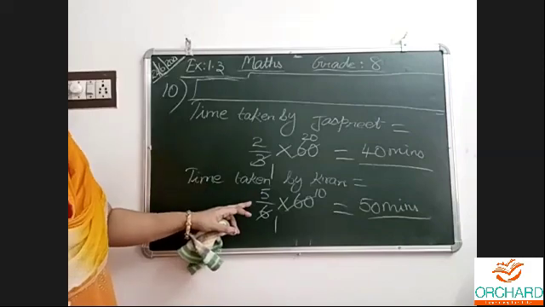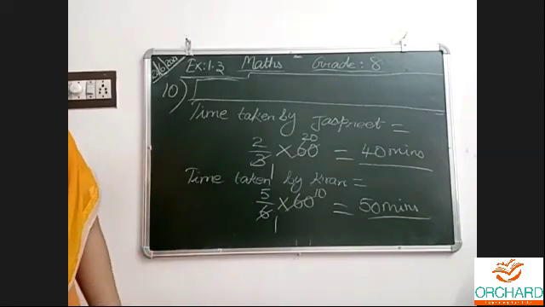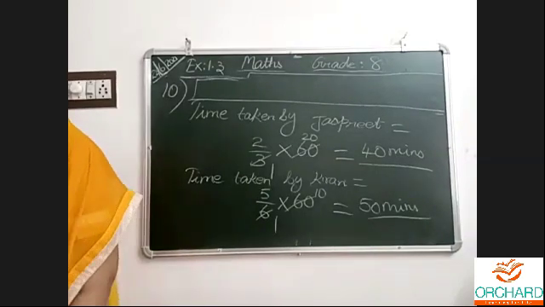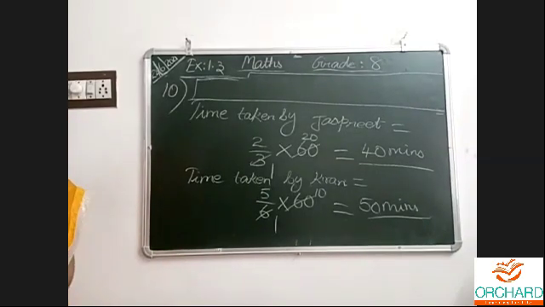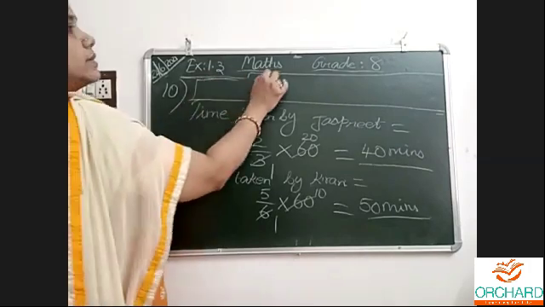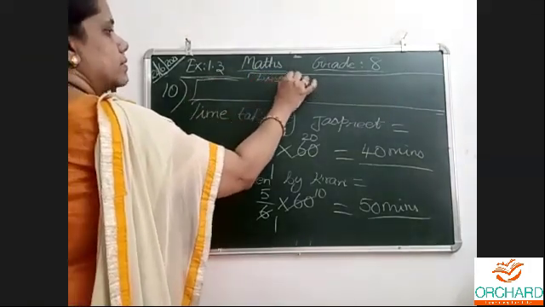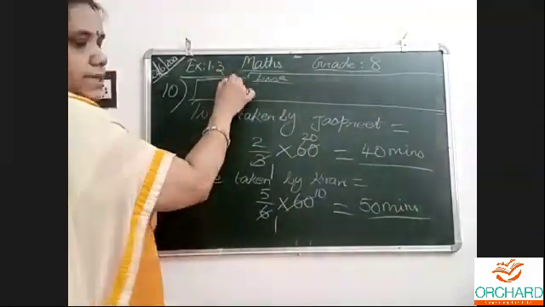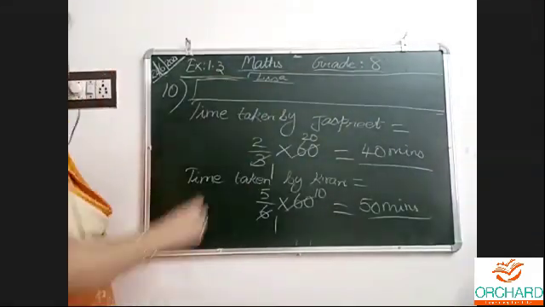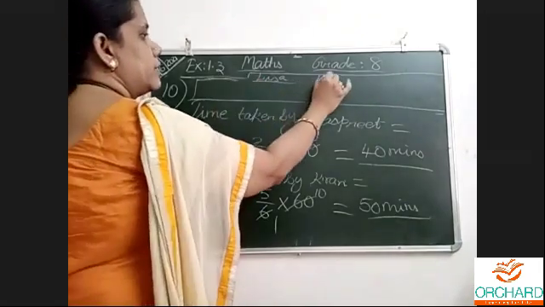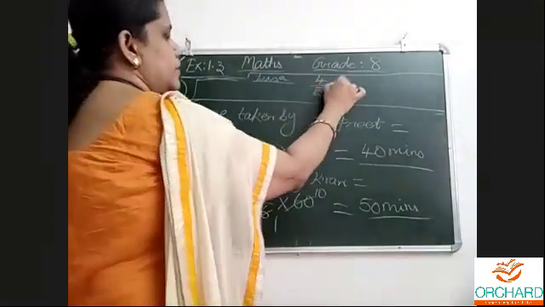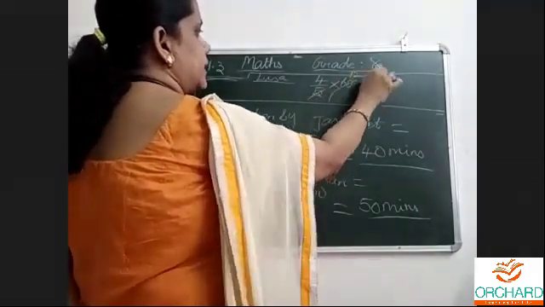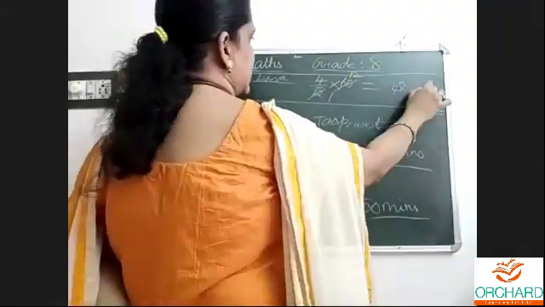Kiran is the second, 5/6 hour. Then third one is 4/5 of an hour. That is Lisa. Time taken by Lisa. 4/5 of an hour is equal to 12 5s are 60, 4 12s are 48 minutes.